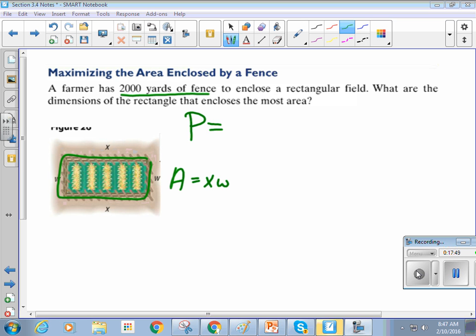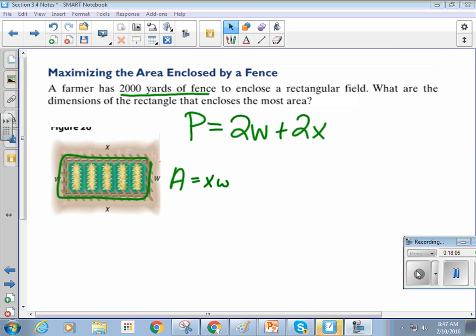The perimeter of a rectangle is 2 times the width plus 2 times the length. That's perimeter all day, every day. So now we have 2 functions. And we know that perimeter is going to be equal to 2,000.